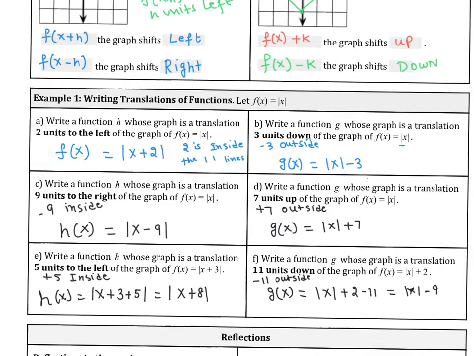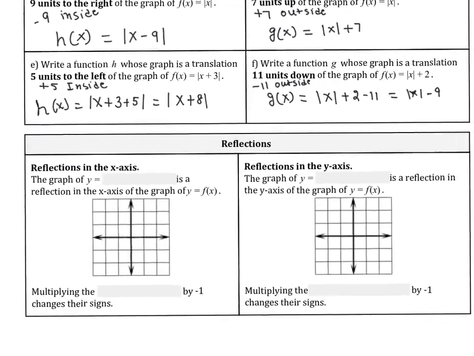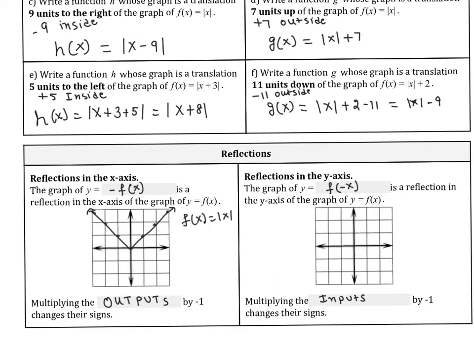Let's do the reflection, that is the bottom section of the graph. Reflection of the graph. So reflection in the x-axis. The graph of y equals negative f(x) is a reflection in the x-axis of the graph of y equals f(x).